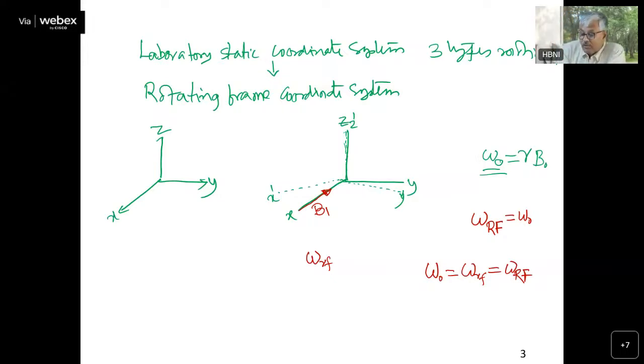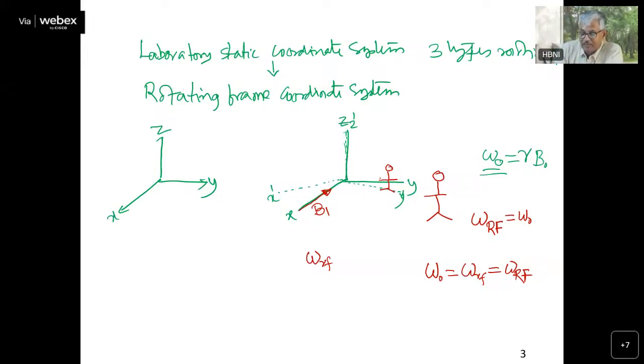Now suppose an observer is standing outside. He will not see relative motion, but he will see the whole system moving. Now suppose the person who was initially standing here comes and sits on the y prime axis.